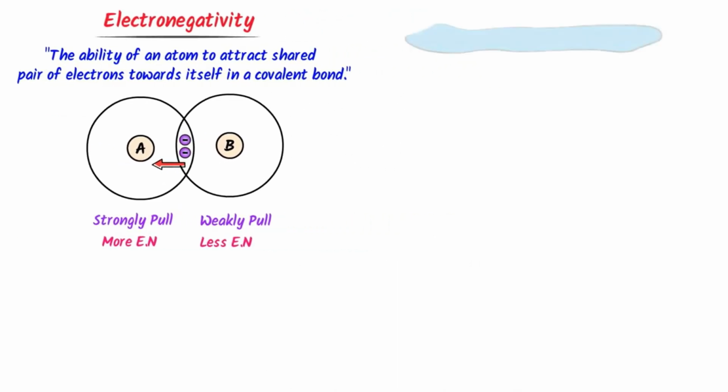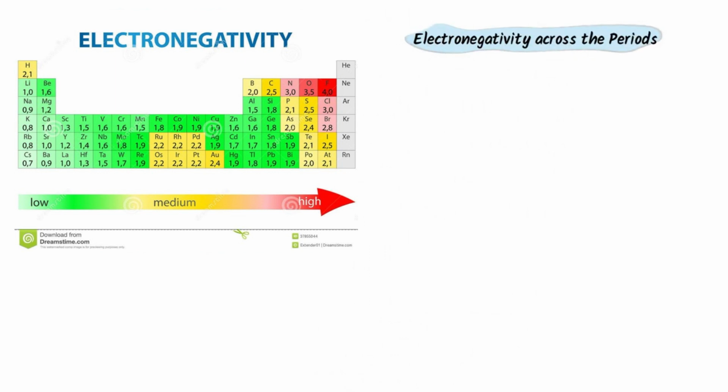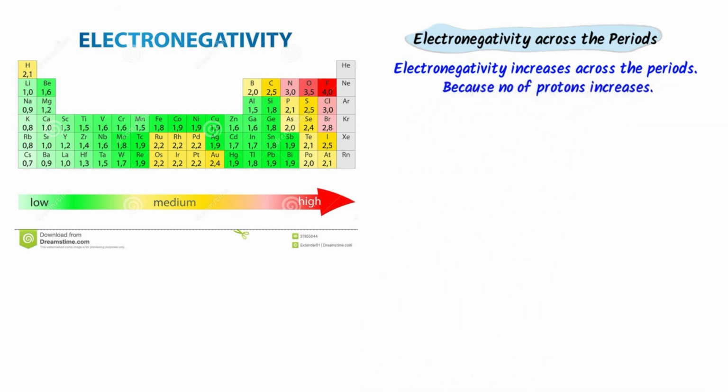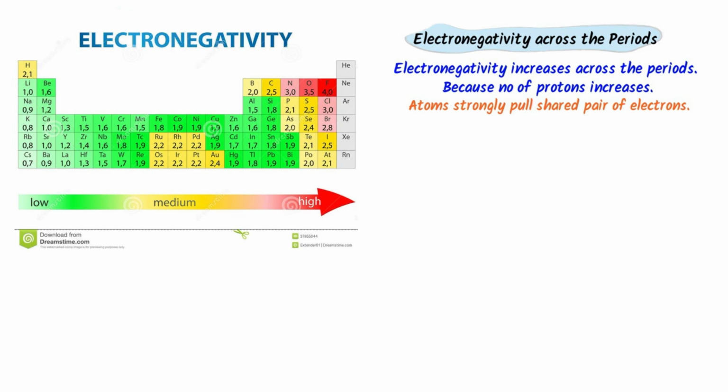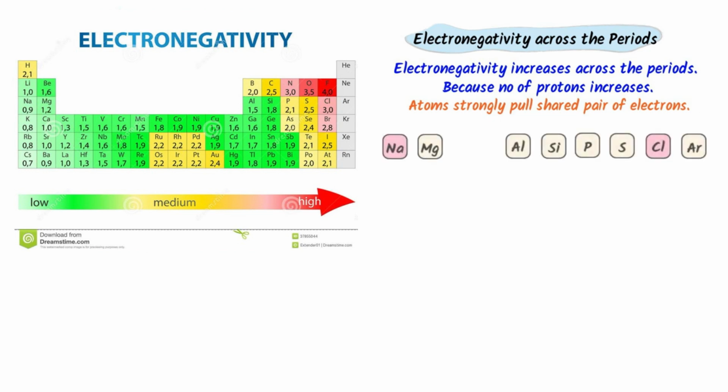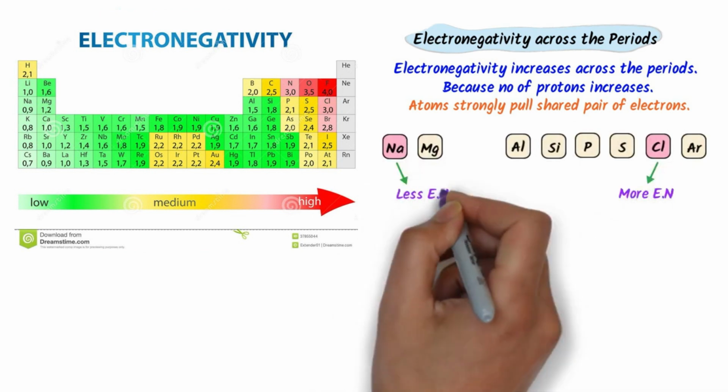Now we will learn trends of electronegativity in the period. Remember that electronegativity increases from left to right. It is because the number of protons increases and the size of atoms decreases, due to which the atom strongly pulls the shared pair of electrons. For example, in the third period, chlorine is more electronegative than sodium.